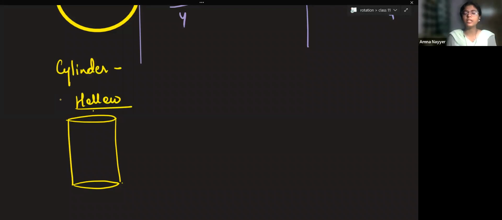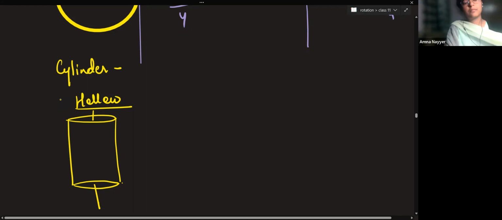This is the perpendicular rotating axis.